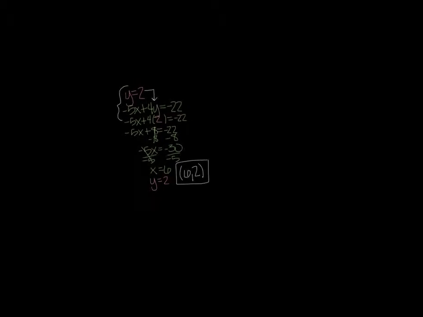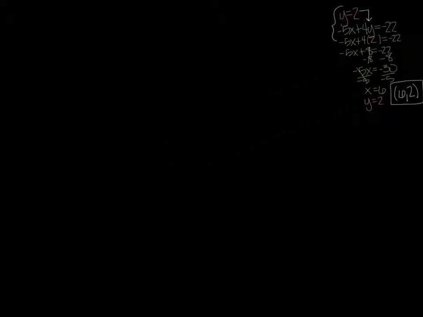Now, it's kind of nice to know that the number of variables you have tells you how many equations you will need to find the solution to a system. So we're working problems right now that have an x and a y variable, which means we need 2 equations to solve the system.